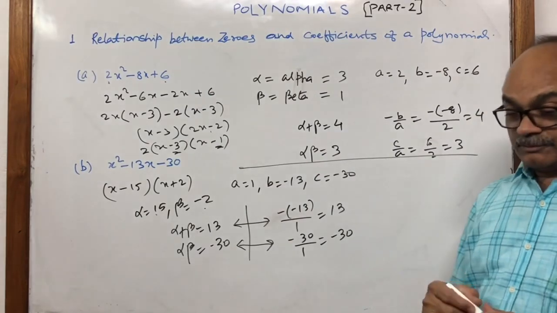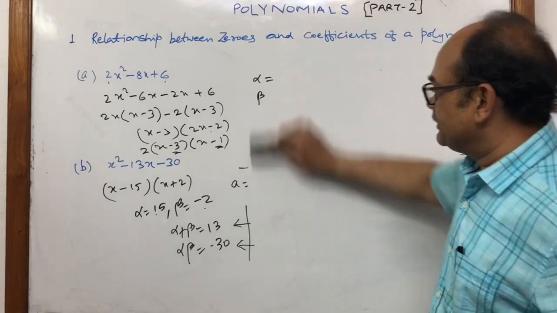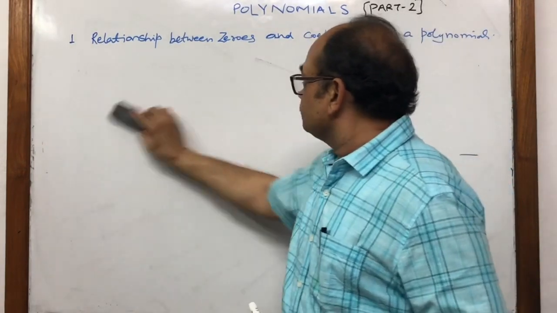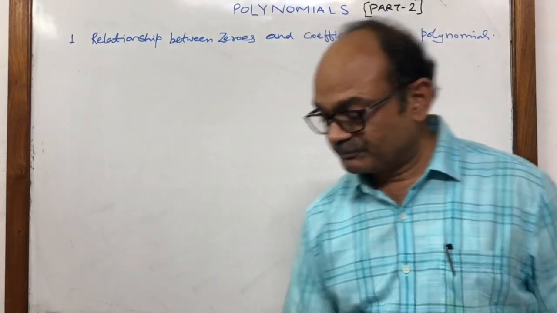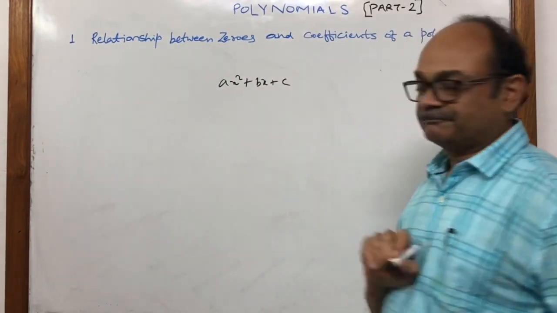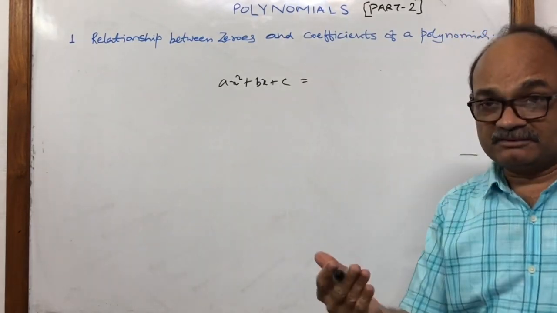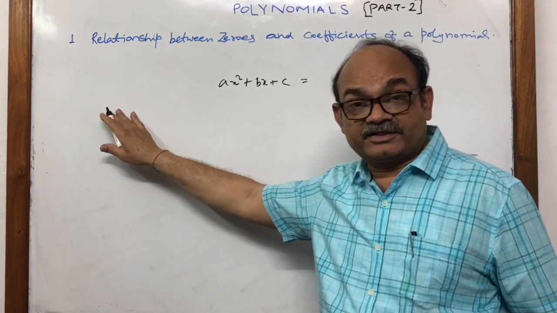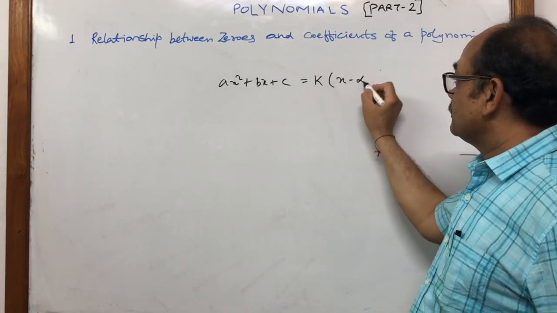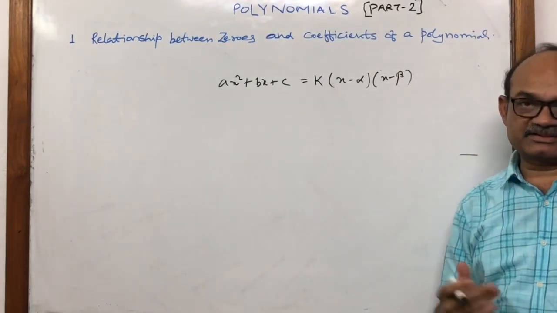Now we prove it for a general polynomial, say ax square plus bx plus c. Any quadratic polynomial, degree 2 polynomial, say ax square plus bx plus c. And we suppose the factors, by the way, we take common as in the first sum. If we can take 2 common, then suppose it is k, and the 2 zeros give x minus alpha and x minus beta.